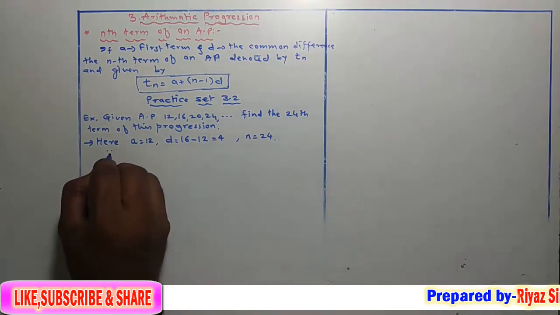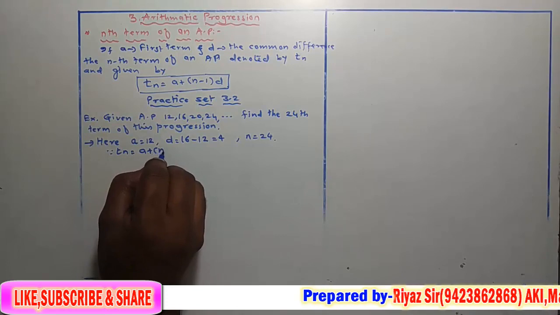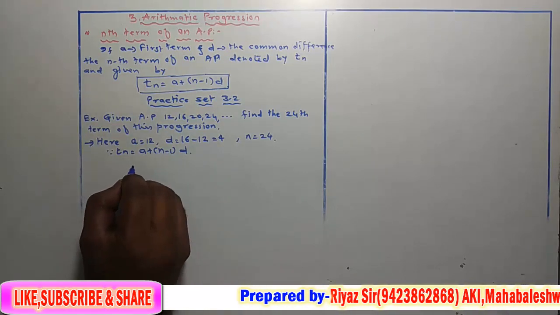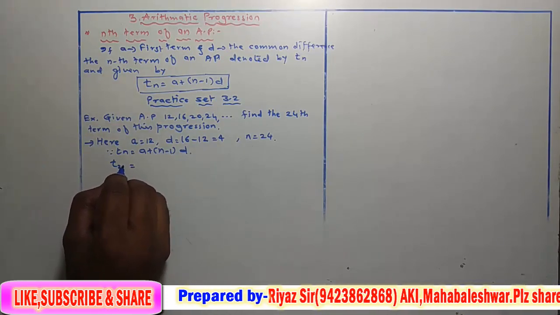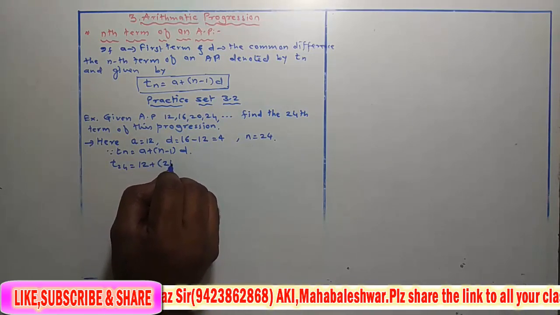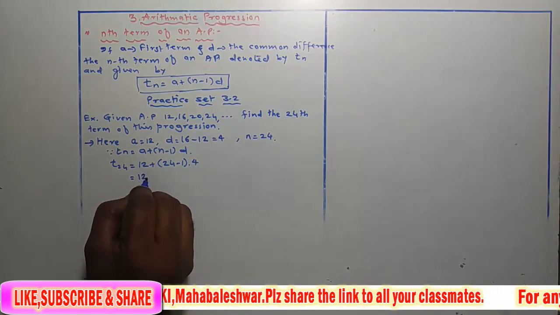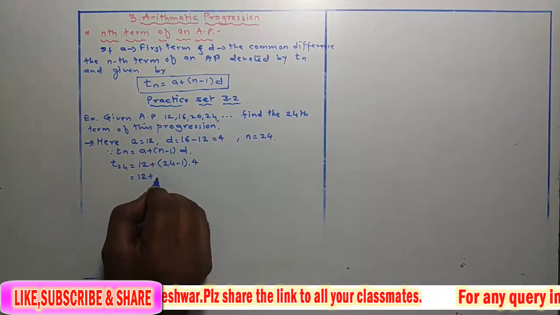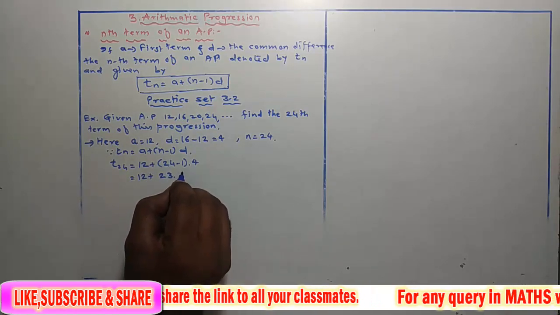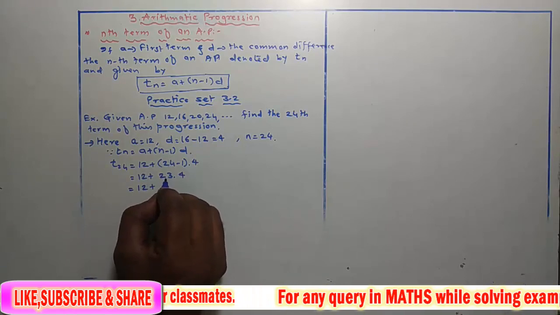Now we have the formula: Tn is equal to A plus n minus 1 into d. Just substitute the values. So T24 is equal to A, that is 12, plus n, that is 24, minus 1, into d, that is 4, is equal to 12 plus 24 minus 1, that is 23, into 4, is equal to 12 plus 23 into 4.